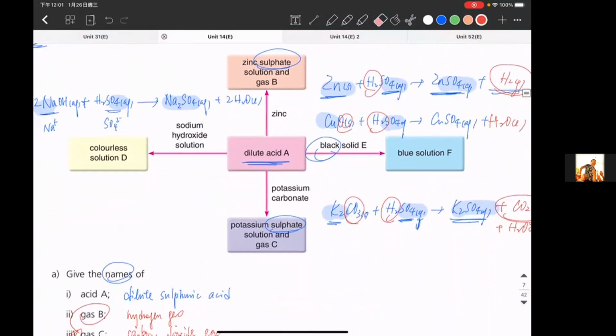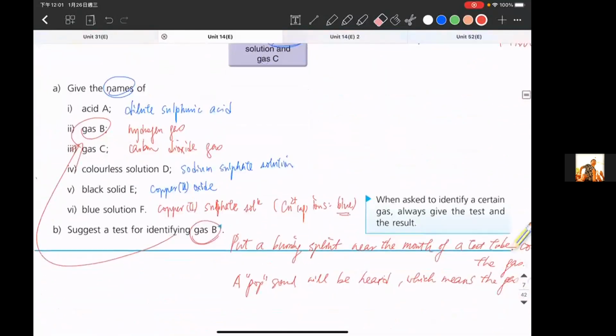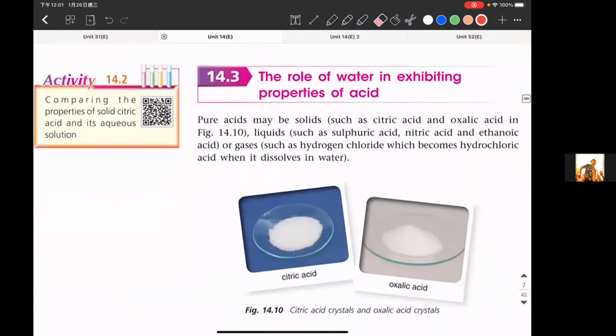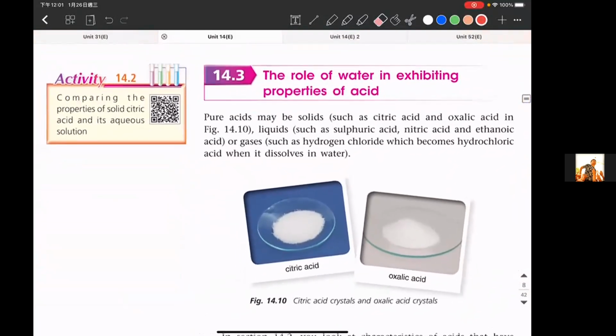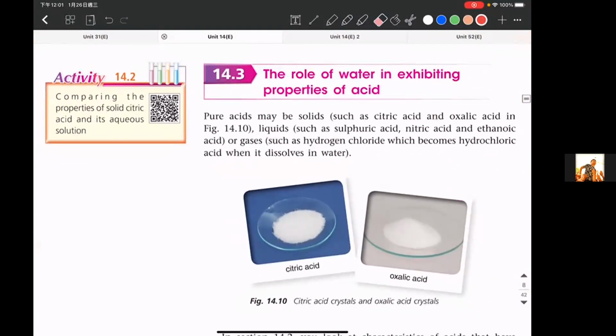Okay, any questions? If not, I would like to show you the role of water in exhibiting properties of an acid. You are going to watch a video about this.